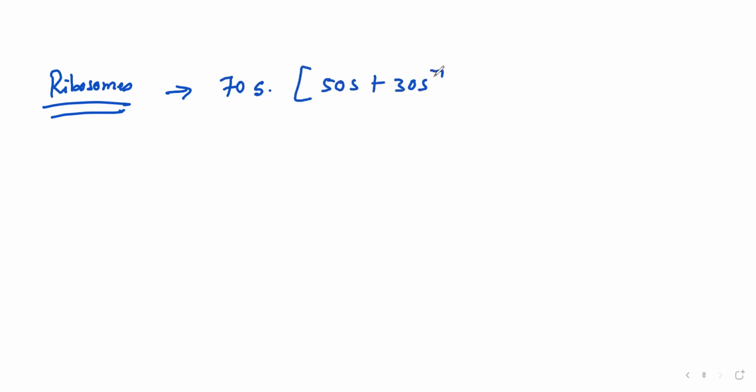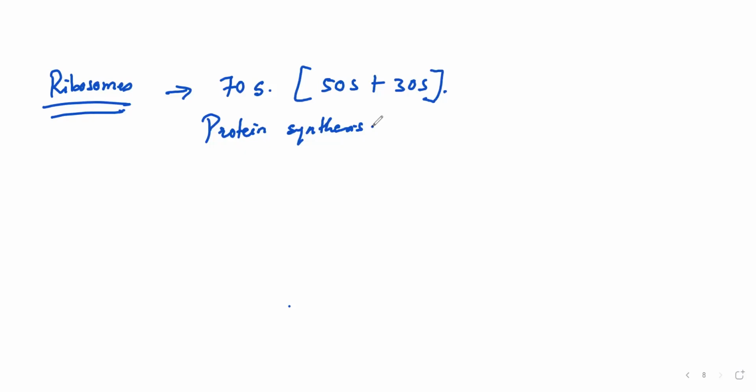Okay, then the next structure or component is ribosomes. In a prokaryotic cell, the ribosomes are 70S, that is 50S plus 30S. The basic function of the ribosome is protein synthesis. Either it may be present as a single one or in a group.